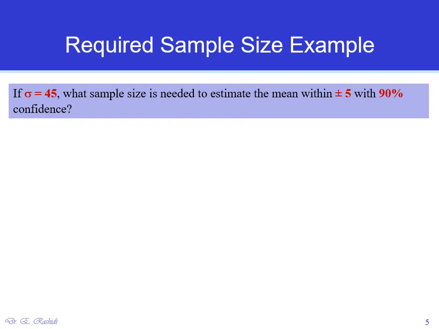So this plus minus here is actually the margin of error or the sampling error. So you have the margin of error, you have the confidence level, and you have the standard deviation. You can plug into the formula and find the least sample size that you need to reach this level.